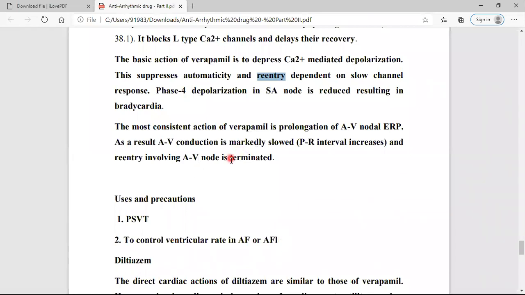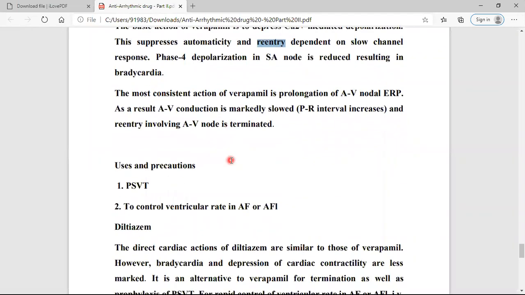We have already discussed this class 4 drug, so you can add the pharmacological action of verapamil and diltiazem in the PDF.